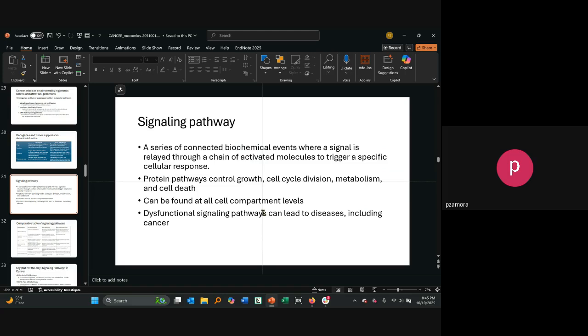Protein pathways control major functions, typically related to cell growth, cell cycle division, a variety of different metabolism pathways, and cell death. There's more. And these signaling pathways can affect all compartments of the cell, going from the outside of the cell membrane, through the cytoplasm, to the nucleus, and then to the DNA levels, and then coming out the other side.